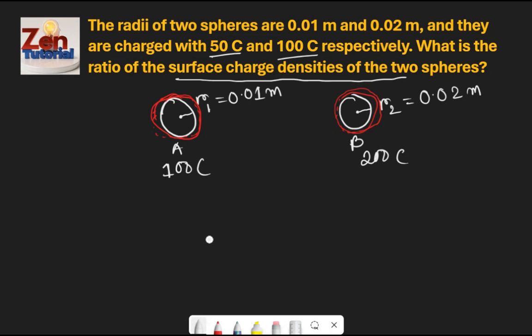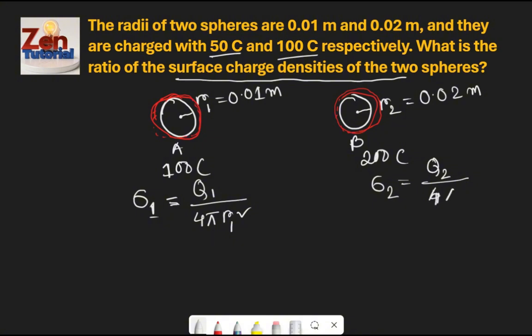In this case, what we have to do, we have to determine sigma 1, the surface charge density for a sphere, Q1 over 4 pi r1 square, same as for B sphere, so it will be Q2 over 4 pi r2 square.